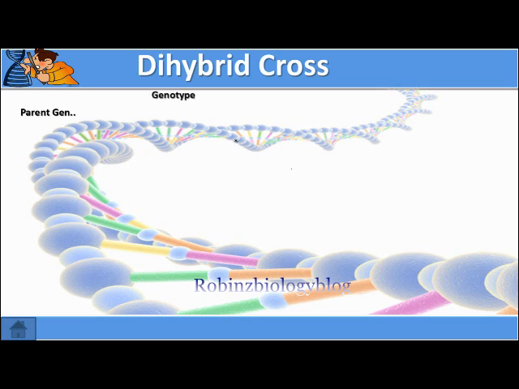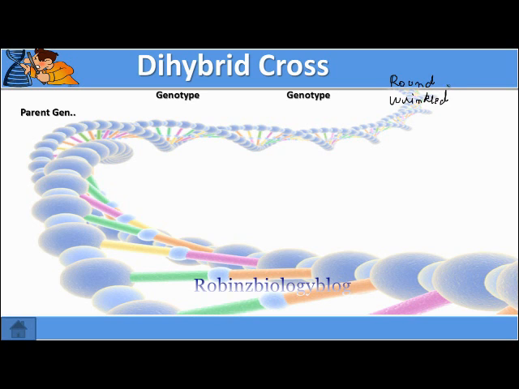When you talk about dihybrid cross, we need to start with the parent plant. In this case, there are the following traits that we are going to compare in our parent generation. There is one variety of pea which always produces seeds which are round in shape, and the other one produces seeds which are wrinkled in shape.